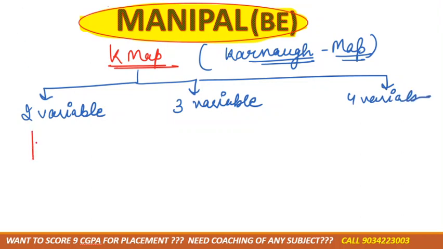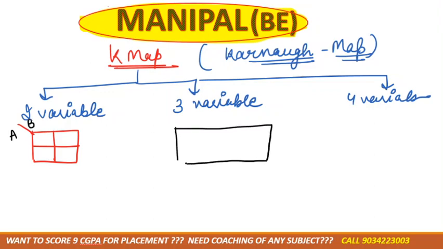Alright, so in the two variable K map we'll have A, B, and in the three variable K map we'll have three variables.